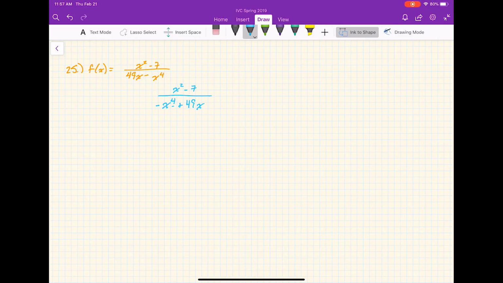You don't have to reorder them. You just have to look for the largest exponent of each. But in this case, n is less than m, so we again will have y equals 0. The 2 is less than 4, so y is equal to 0. That one's pretty easy.